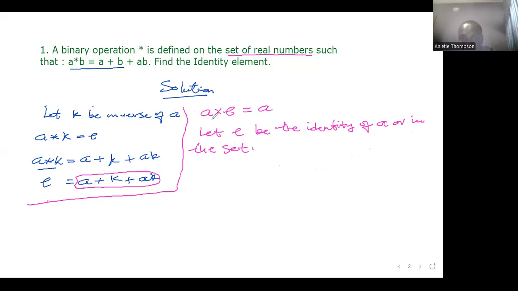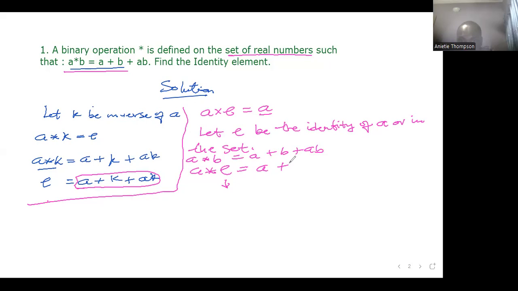So that means writing A asterisk E, which by definition equals A. Remember that E has taken the place of B in this definition. The definition is given by A asterisk B equals A plus B plus AB.